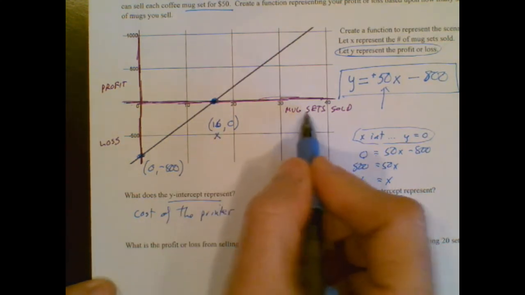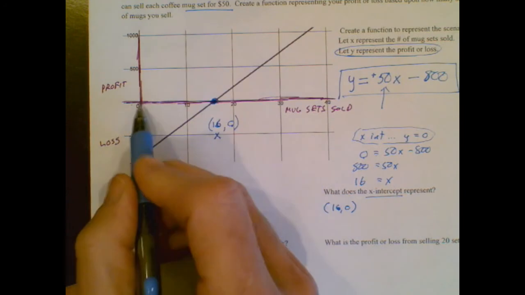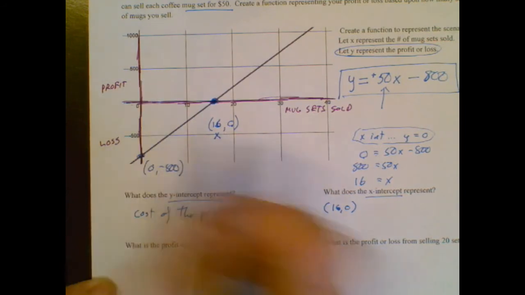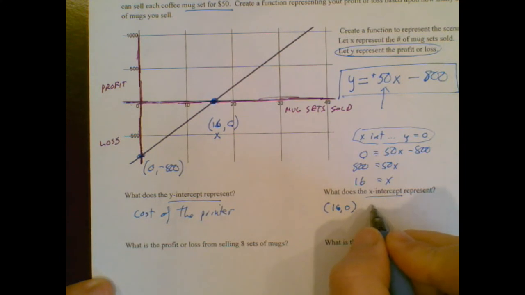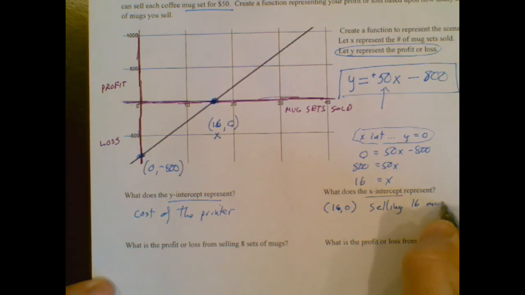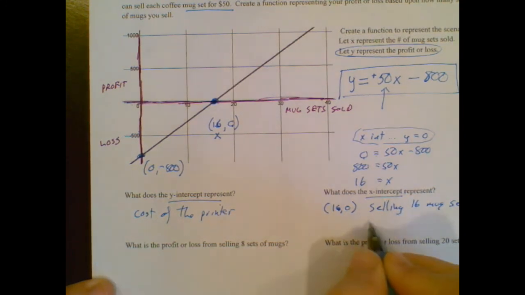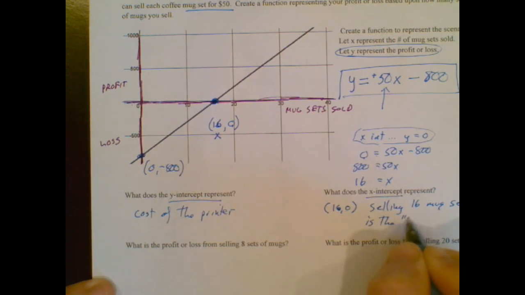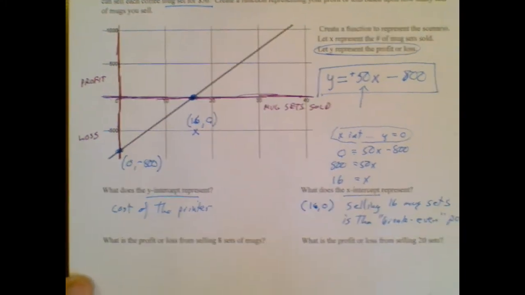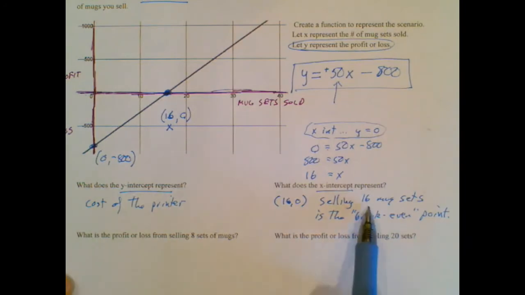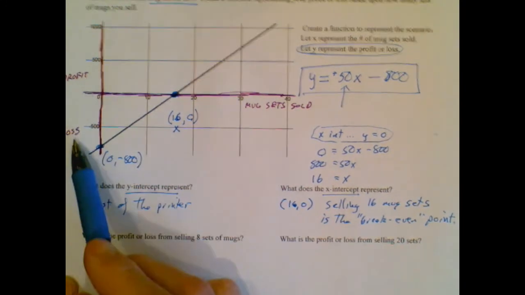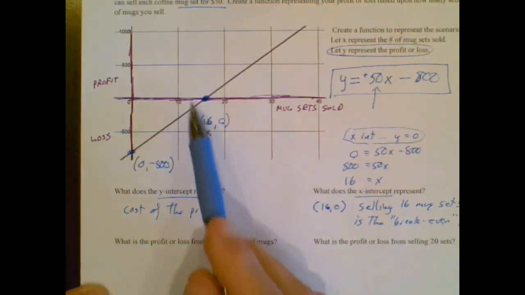That's the number of mug sets I sold. My y value is 0, which means I'm not making a profit or a loss. So what I would say is selling 16 mug sets is the break even. They call that the break even. Selling 16 mug sets is the break even point, meaning I'm not making a profit, I'm not making a loss, I'm just breaking even.